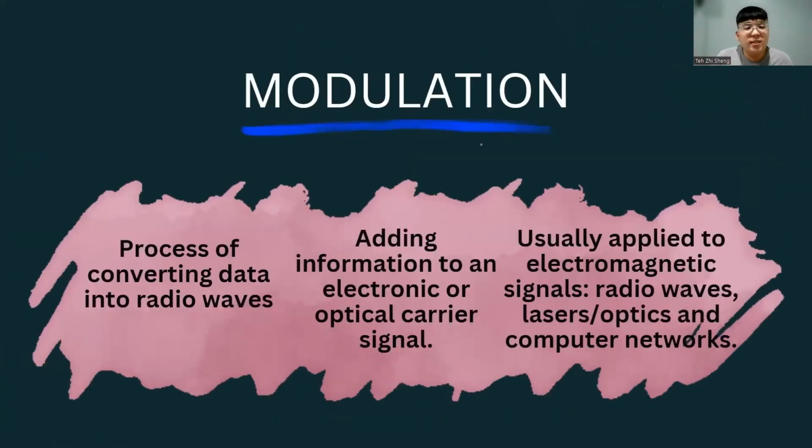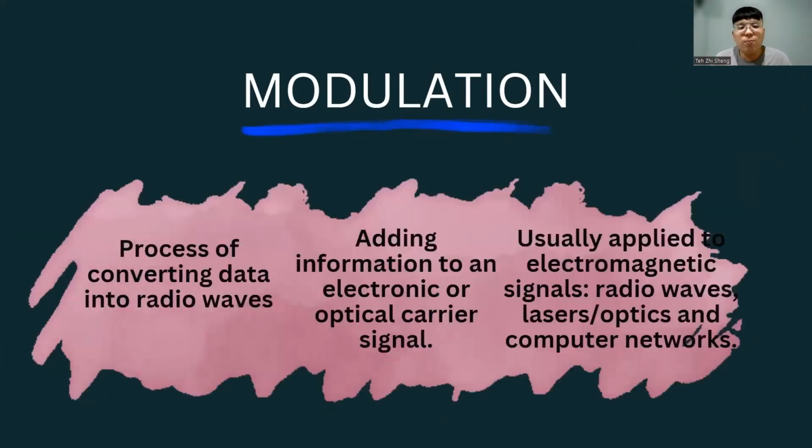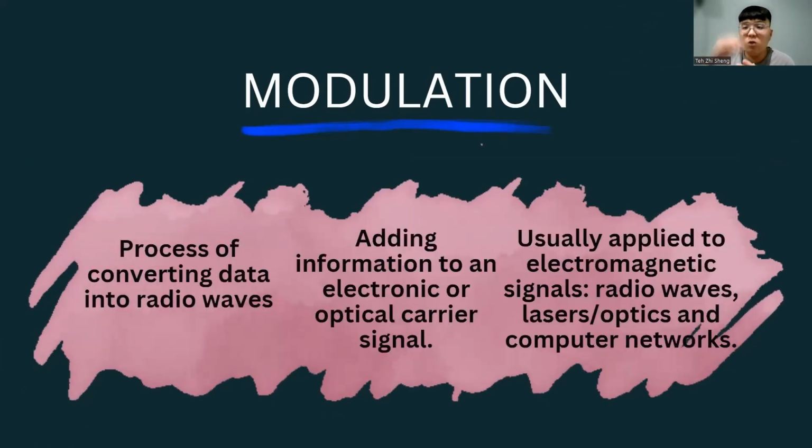So in this presentation, we're going to discuss the baud rate, the bit rate and modulation. So what is modulation? Modulation is a process of converting the data into radio wave and adding the information into an electronic or optical carrier. It's just like our voice: when we talk, it is transferred into an electronic signal, and that electronic signal is our data.